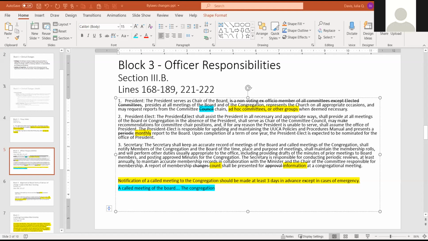So I'm suggesting leaving it like it is or using that word member. Thank you. Any other discussion? Margaret Tuck wrote out in the chat the proposed changed wording for the last paragraph. Let me copy that for everyone.